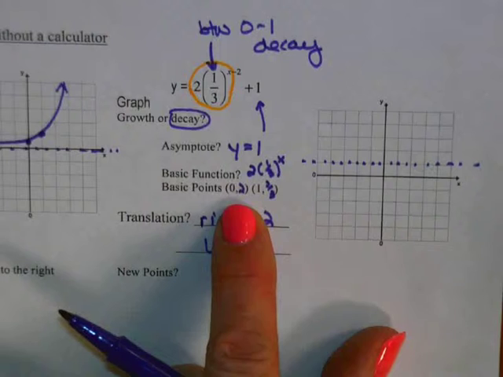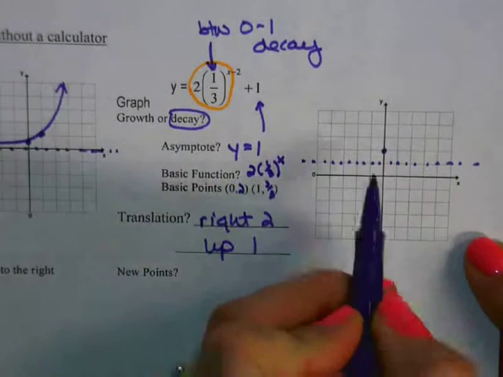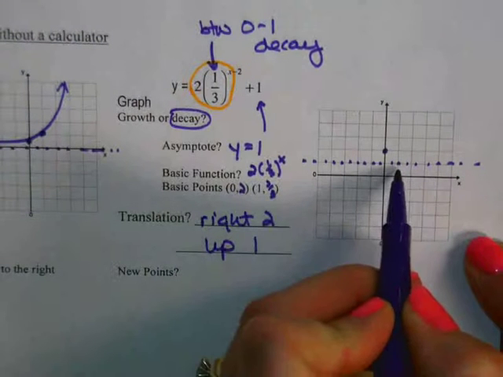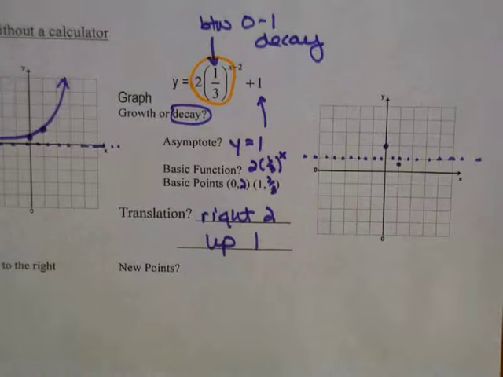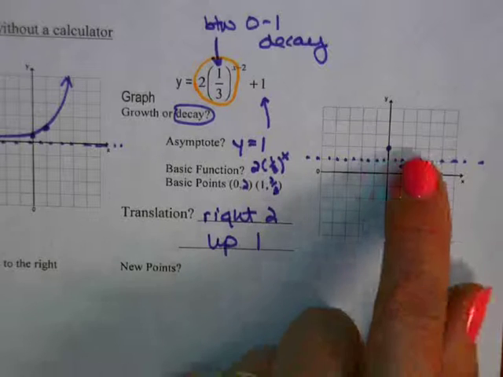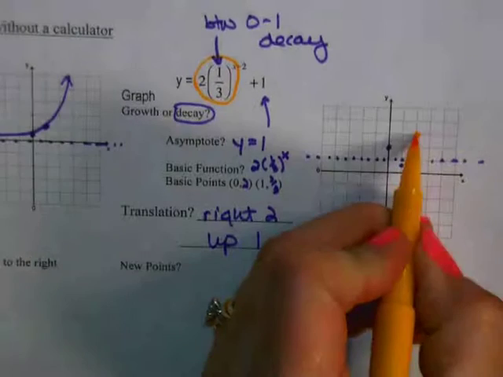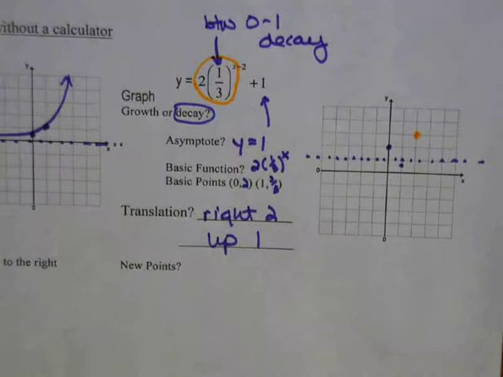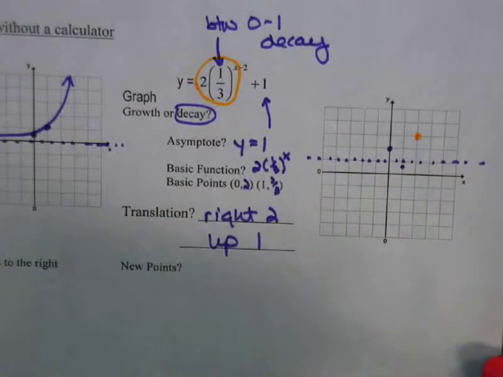These are the basic points before the shifting, and that's why it's below the asymptote. Then you just take these points and go right 2, up 1, and what would my new one be? Right here, correct? Right 2, up 1. And then this one would be right 2, up 1, which would be about here.